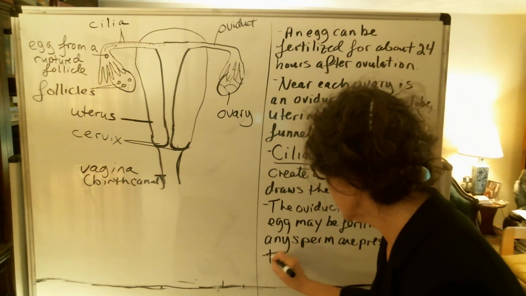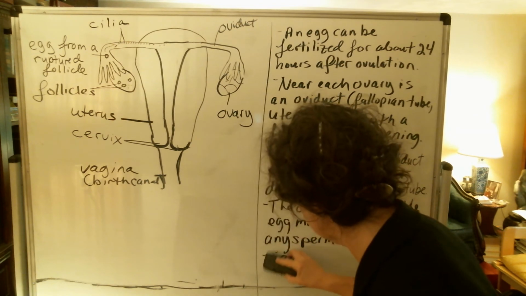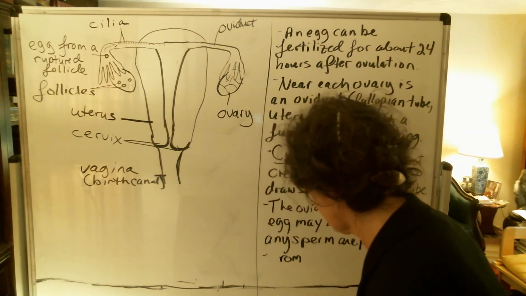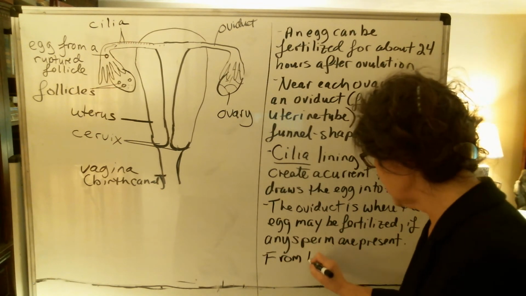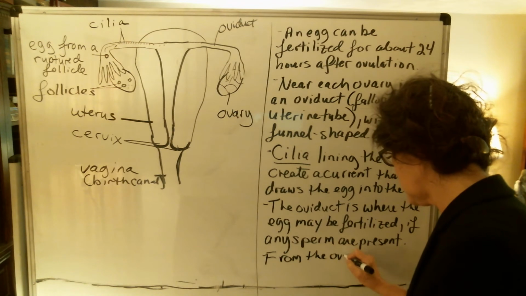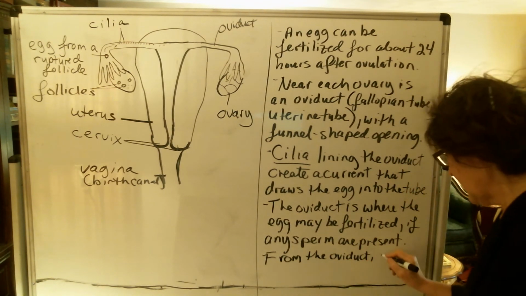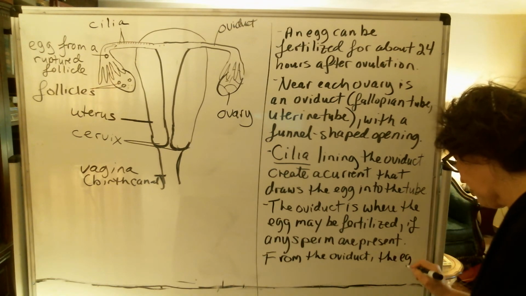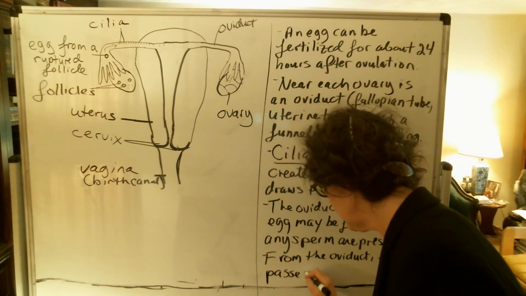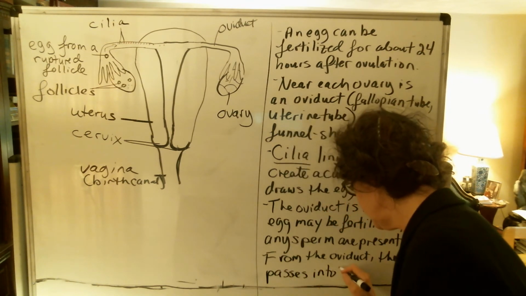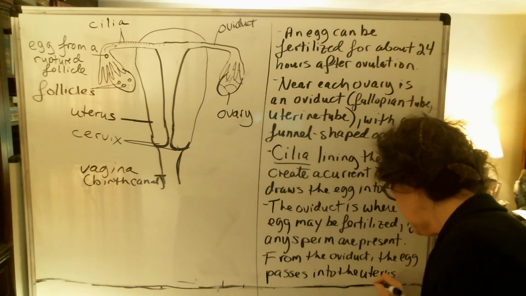And then from the oviduct, the egg passes into the uterus.